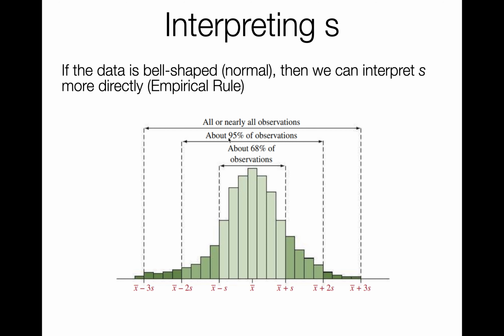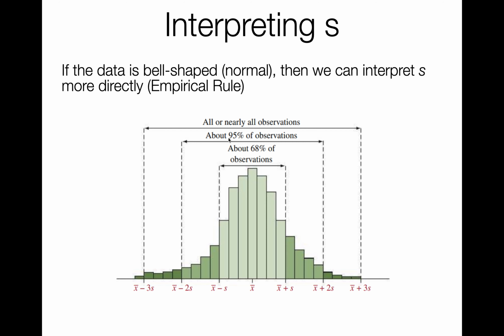So when data are bell-shaped, if I add and subtract 3 standard deviations from the mean, nearly all of the points are going to be between those two endpoints. What does that mean for us practically?